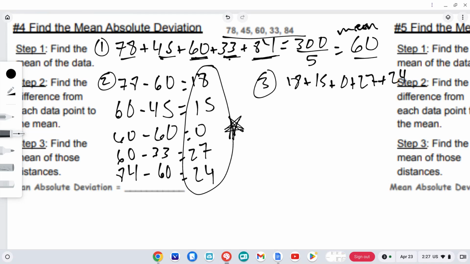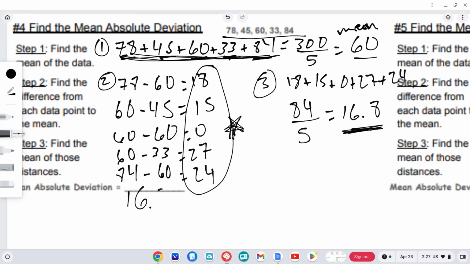When I add them up, I get 84. And then there are 5 numbers, so I'm going to divide by 5. And I got 16.8. So on average, each of these numbers was 16.8 steps from the average, from the mean. So what was my answer? 16.8 was the mean absolute deviation.